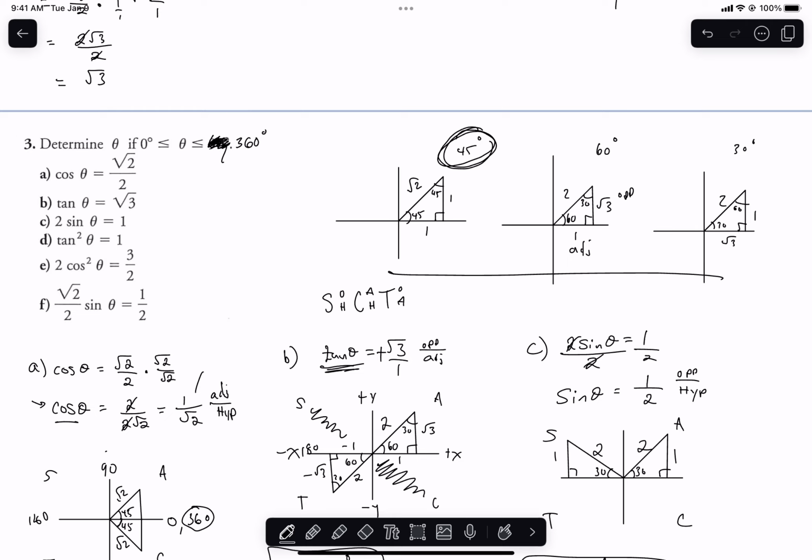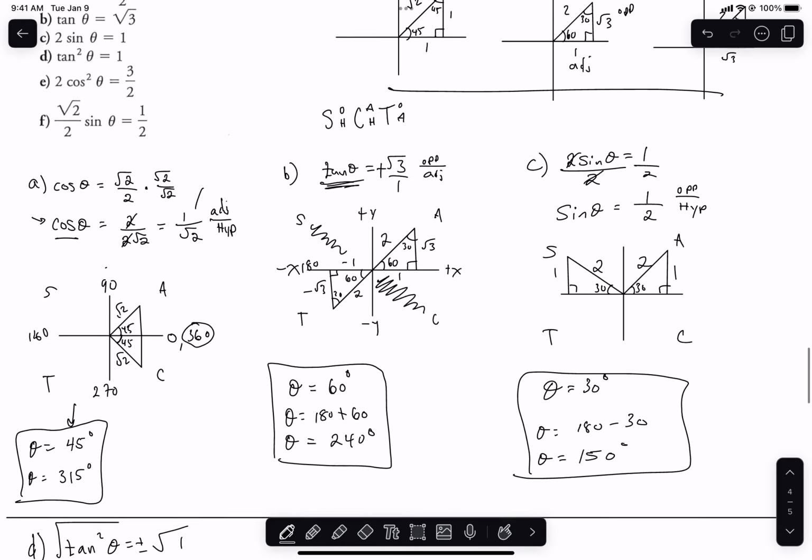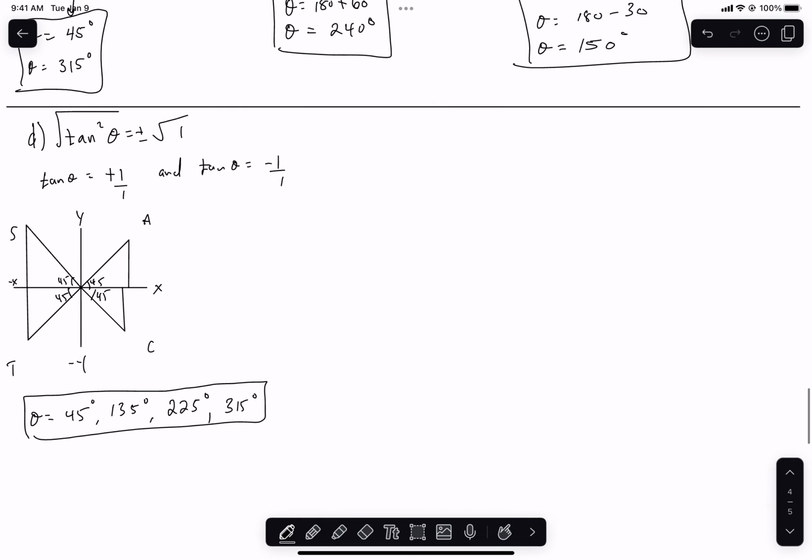Okay, the cosine squared question: 2 cos squared theta is equal to 3 over 2. That's going to be the next question. So for this question, like usual, what I'm going to do is just divide both sides by 2.